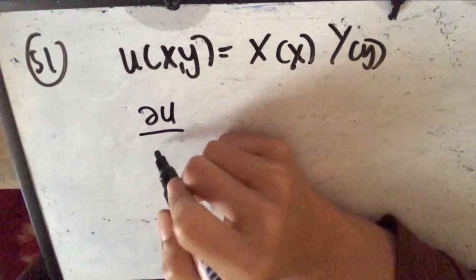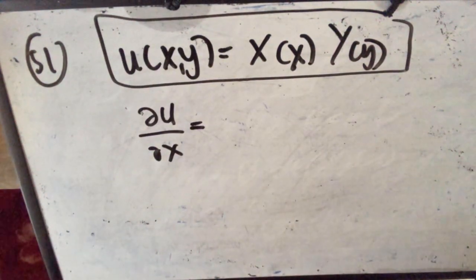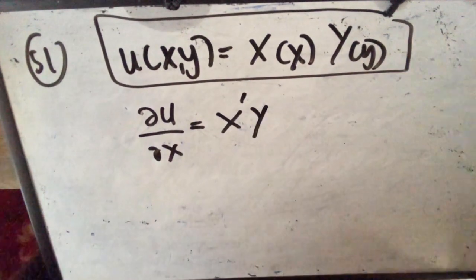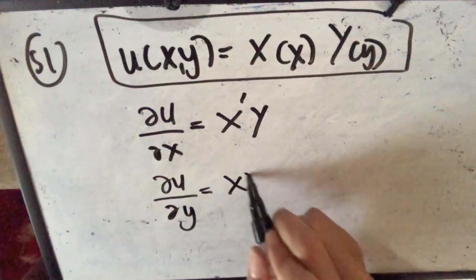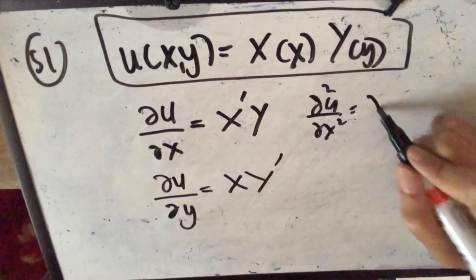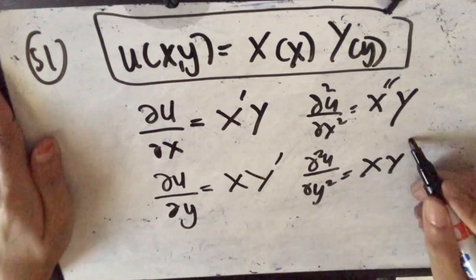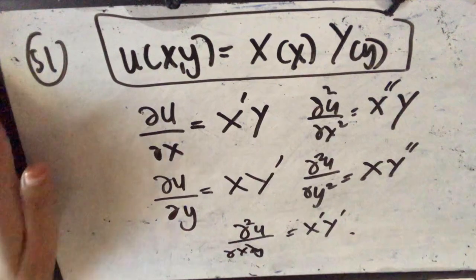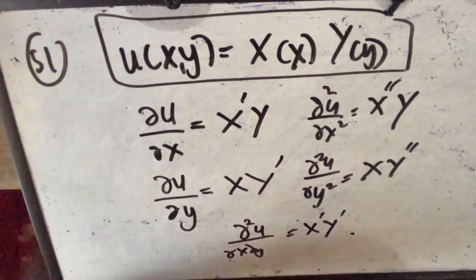For du/dx, you differentiate with respect to x, so it becomes X'Y. For du/dy, it becomes XY'. For d²u/dx², it is X''Y. For d²u/dy², it is XY''. And for d²u/dxdy, it is X'Y'. You need to memorize these; it's simple, right? If it is differentiated with respect to x, then X is primed. This is included in step 1.